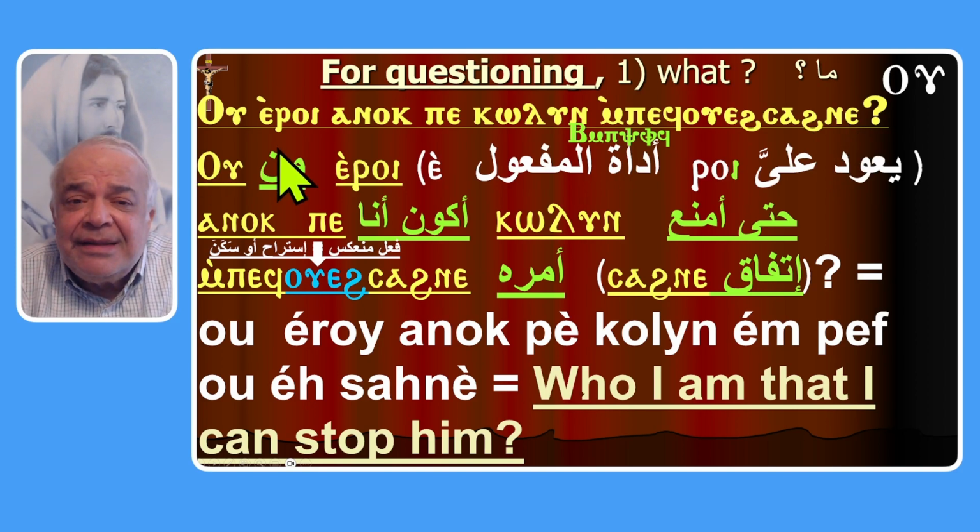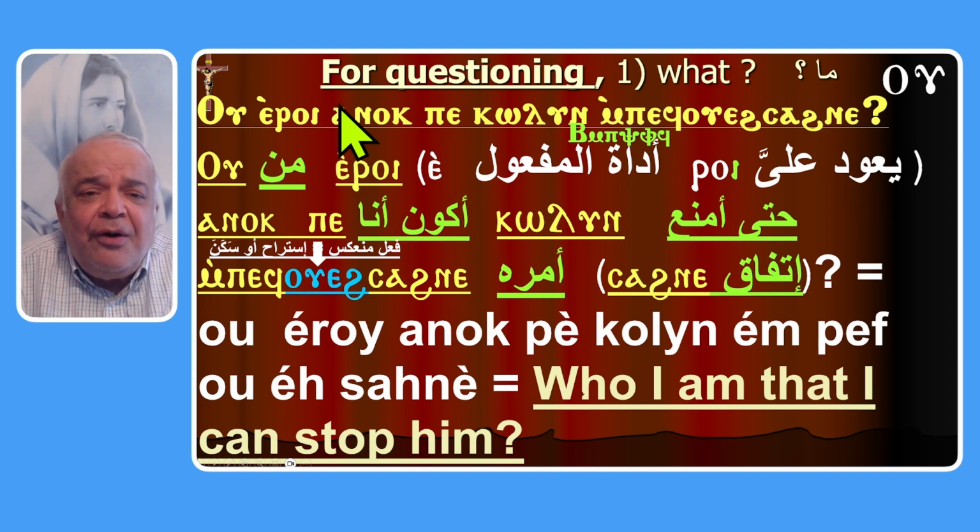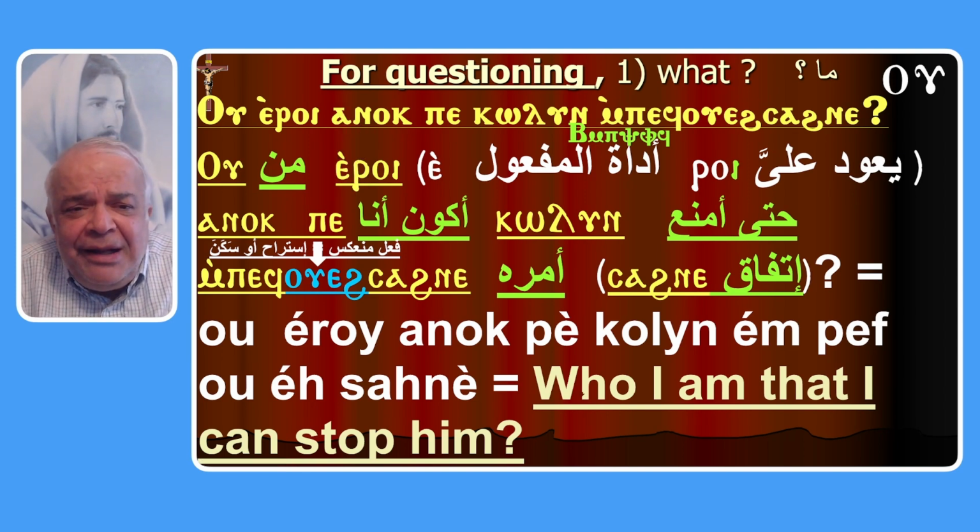We can say that sentence or that question on the tongue of Pilate. You know the Pilate? When they took Jesus to be crucified, they asked the king named Pilate, Pilatus, saying to him, crucify him. He said he didn't do anything wrong. He said, no, crucify him. He said, who I am.